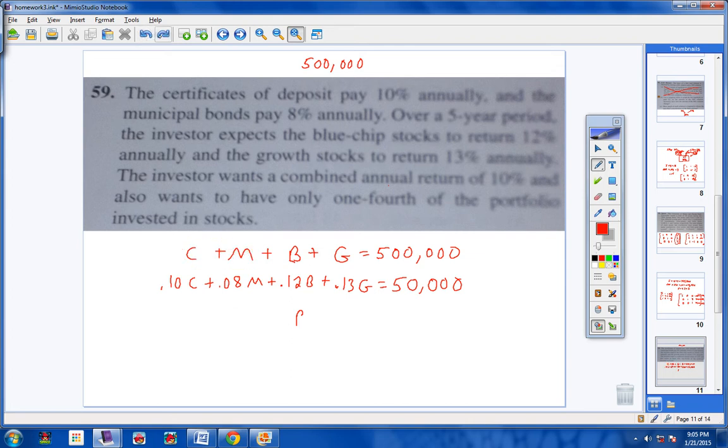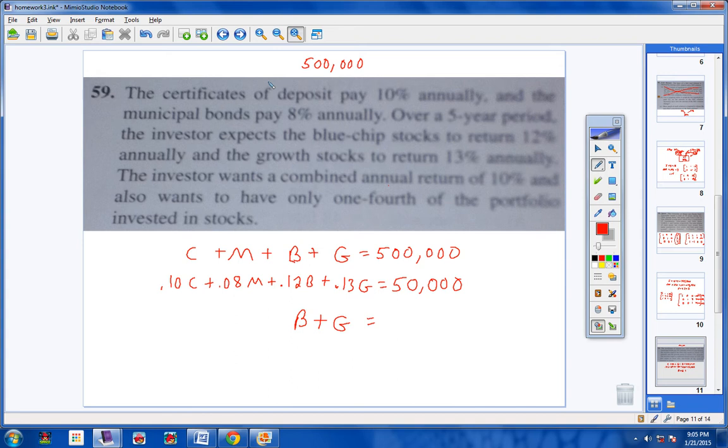Now, these two here are stocks: blue chip stocks, growth stocks. So if I take all of my blue chip stocks and all of my growth stocks and add them together, I want it to be 1/4 of the portfolio. So my portfolio is $500,000, and I'm going to take 1/4 of that.